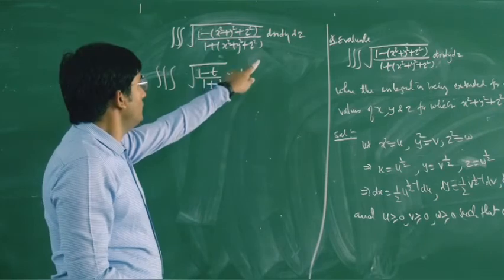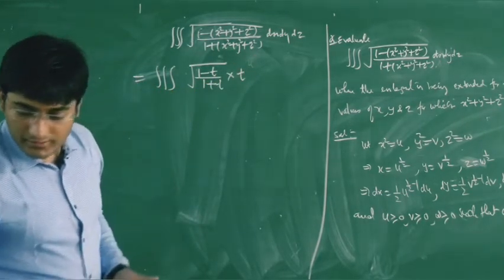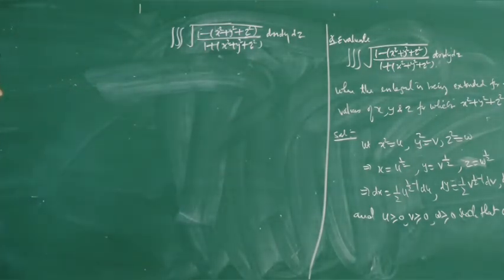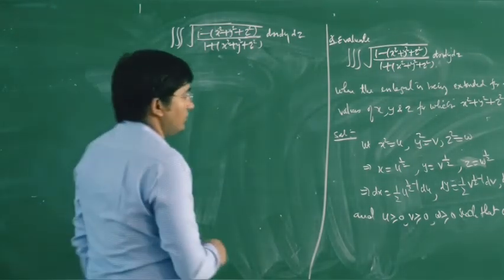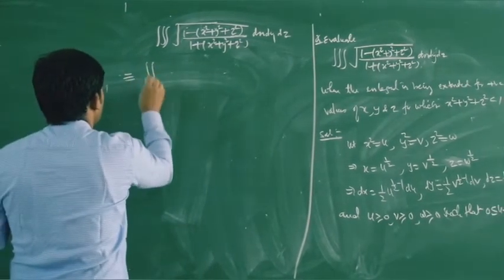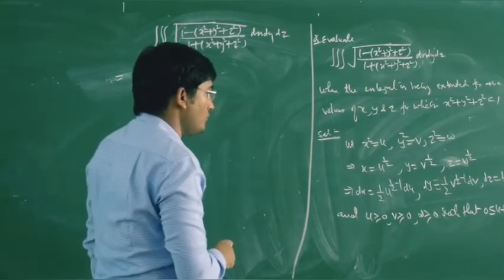Now the value of, we can write this term as, so here just put the values of dx, dy, dz. So this is equal to, your dx is equal to half u power half minus 1.